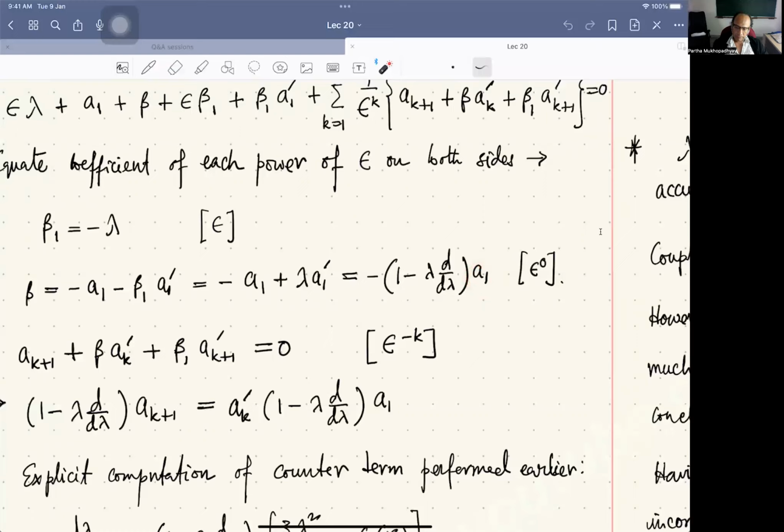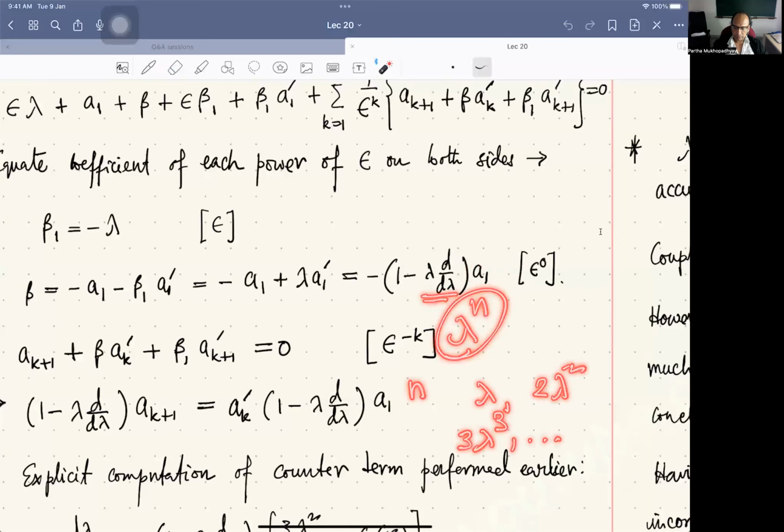Now, first of all, look at this expression, lambda d/d lambda actually does not change the power of lambda. Lambda to the power n is an eigenfunction of this operator with eigenvalue n. So acting on lambda, it gives you lambda. Acting on lambda square, it gives you 2 lambda square, 3 lambda cube, and so on.